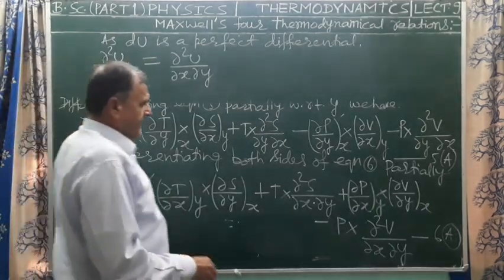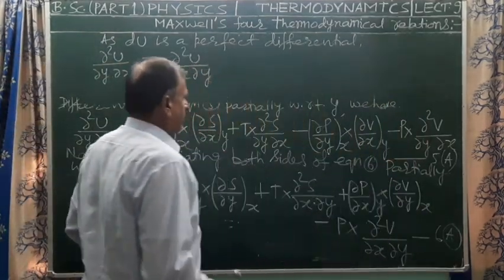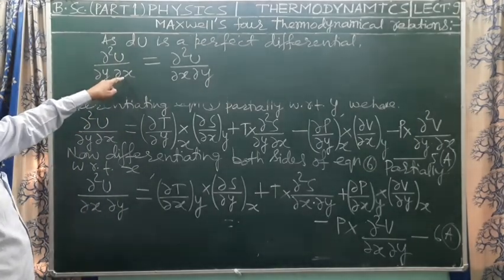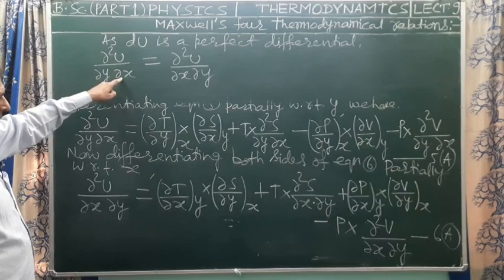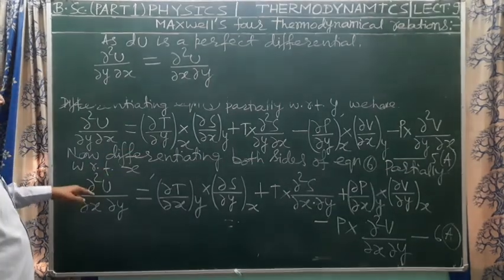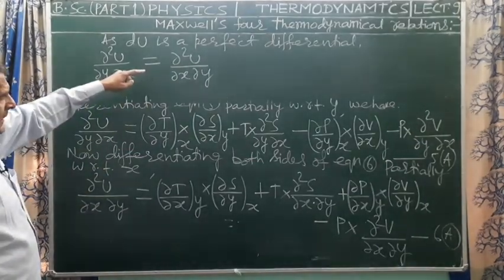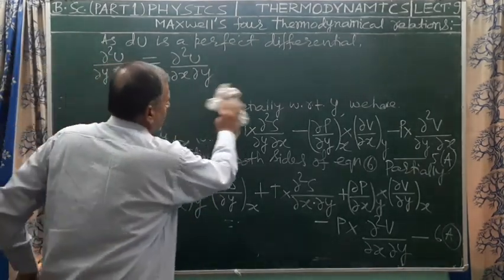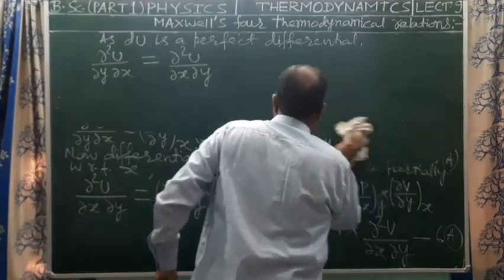So we have ∂²U/∂y∂x = ∂²U/∂x∂y. Now substituting the value of ∂²U/∂y∂x in the LHS from equation 5a, and the value of ∂²U/∂x∂y from equation 6a.